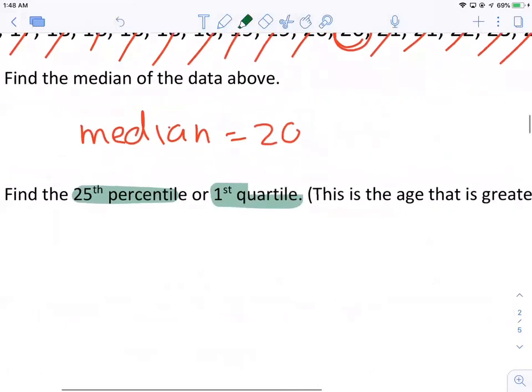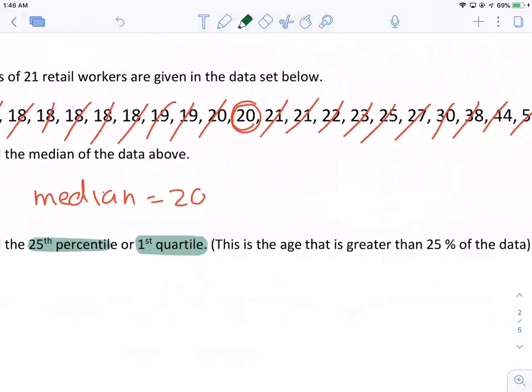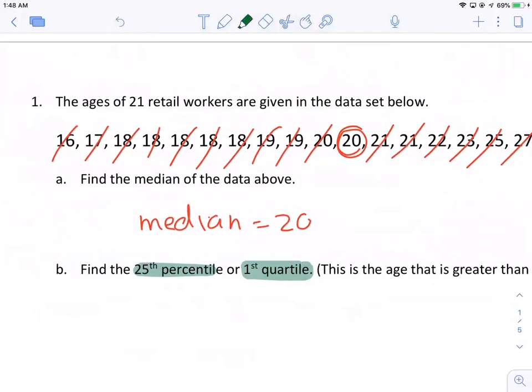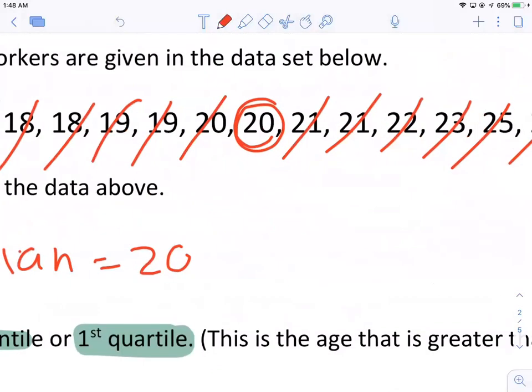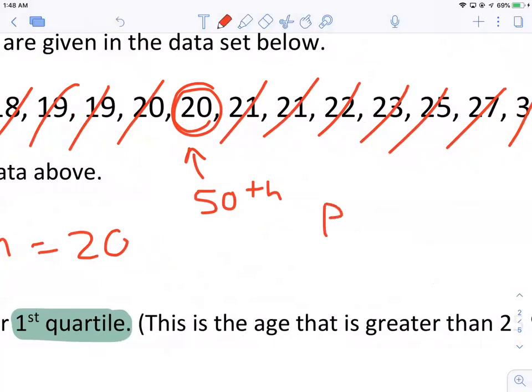The 25th percentile, also called the first quartile, is the age that is greater than 25% of the data. So you want the 25% mark of our data. The way we do that is, well, isn't this our 50th percent mark? What we call the median, that's the 50th percentile.